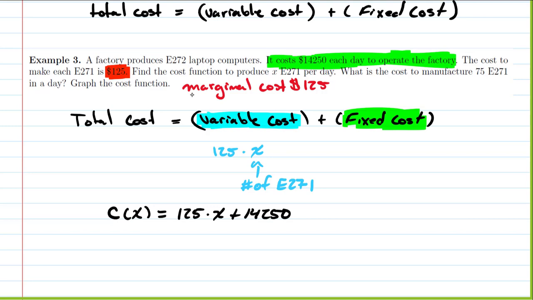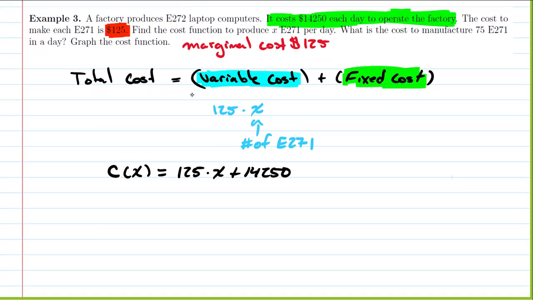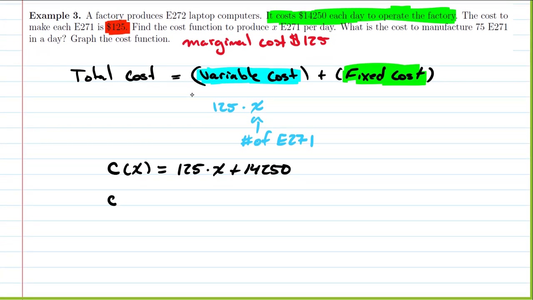So now we can use our model to determine, well, what is the cost to manufacture 75 E271s? So we put that in, and we simplify.